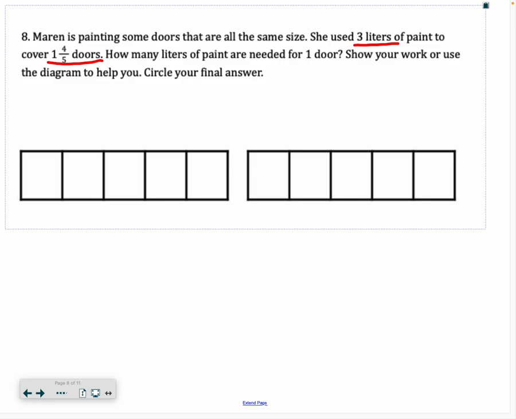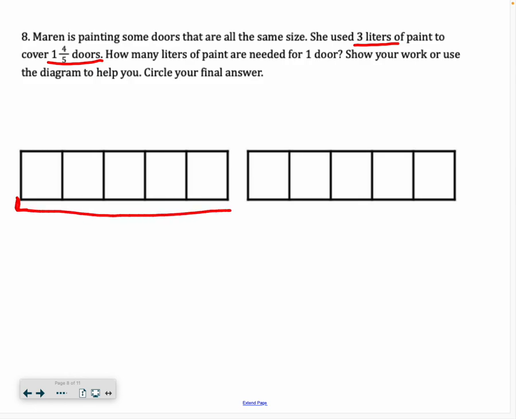And that's because in the original problem we read, she almost painted 2 doors. So each of these full tape diagrams represents 1 whole door.